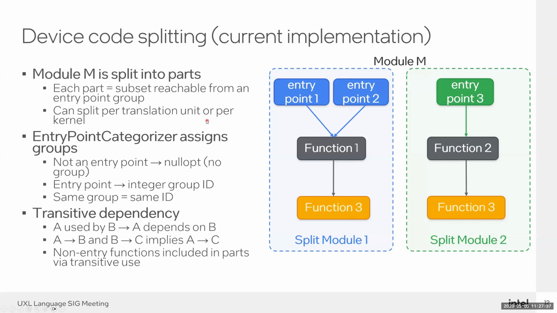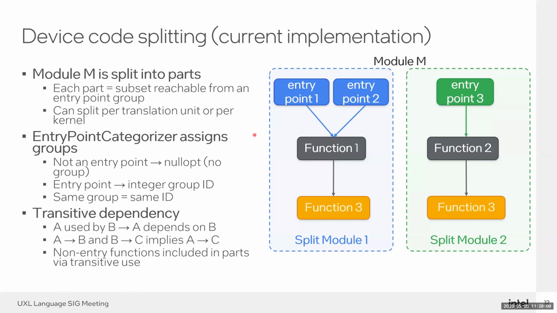The module splitter that we upstreamed currently can split per translation unit or per kernel. It is using an entry point categorizer, which can assign groups. Groups can be, for example, each entry point as a separate group, and then it will split by entry point.